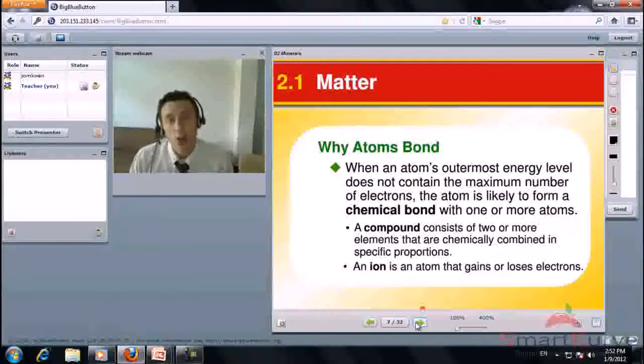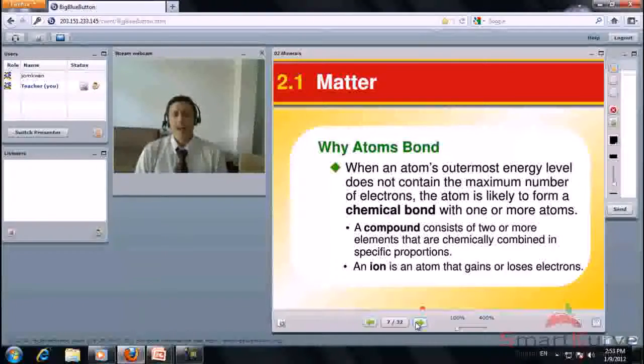Now remember, I told you that first electron shell, the inside electron shell, can hold 2 electrons. So in an oxygen atom, 2 electrons are on that inside shell. So that leaves 6 electrons. So there are 6 electrons in the second shell.